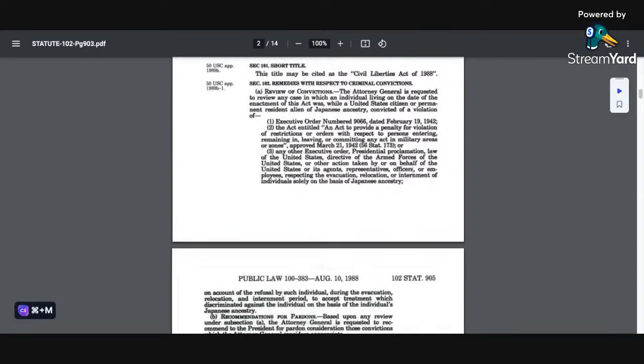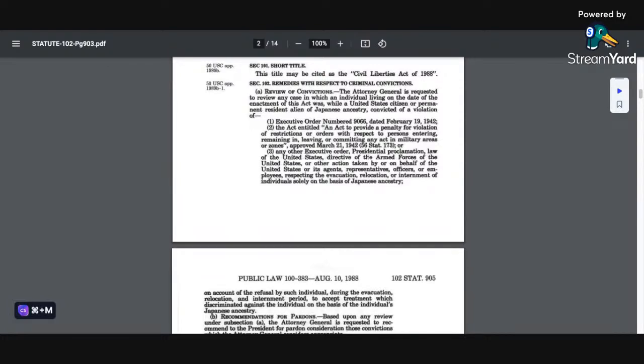2. The act entitled An Act to Provide a Penalty for Violation of Restrictions or Orders with respect to persons entering, remaining in, leaving, or committing any act in military areas or zones, approved March 21st, 1942. 3.